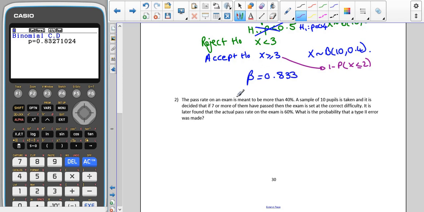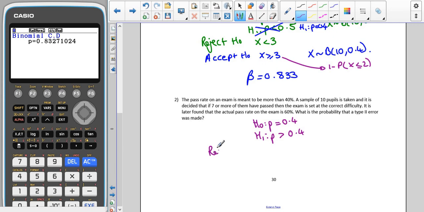For our second example, the pass rate on an exam is meant to be more than 40%. So our H0 is that P is 40%. Our H1, if we were doing a hypothesis test on this, is that P would be more than 40%. Again, we've got a sample of 10 people taken, and it's decided if more than 7 of them pass, then they are correct.